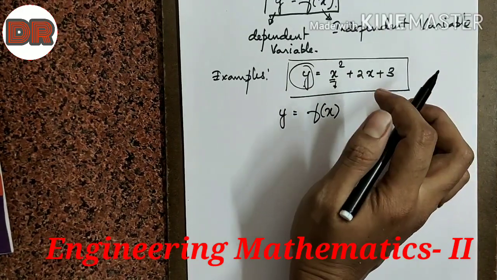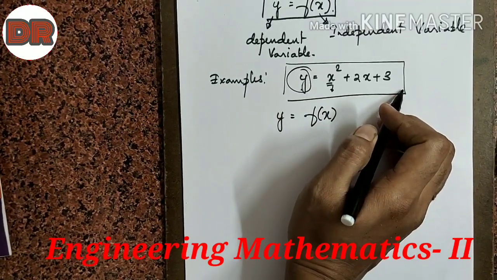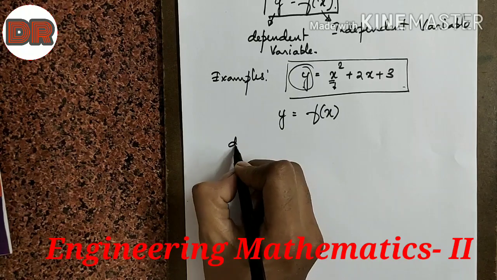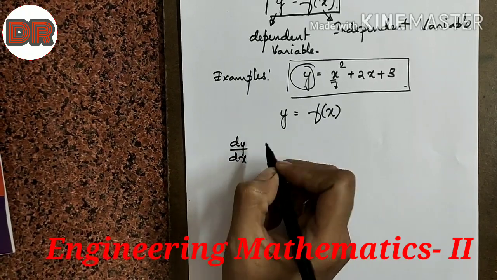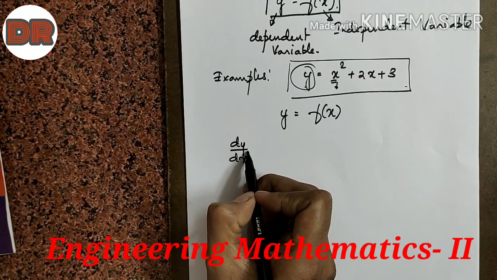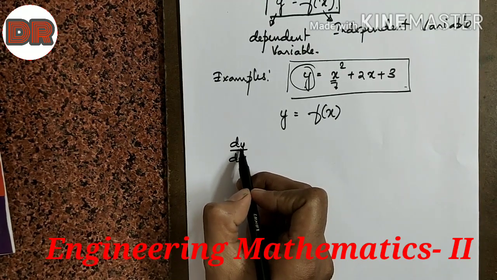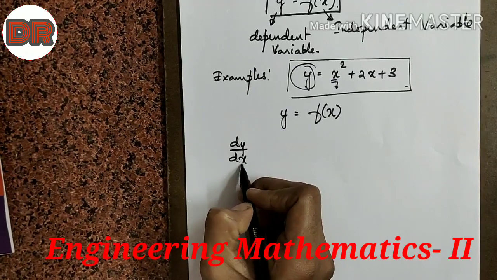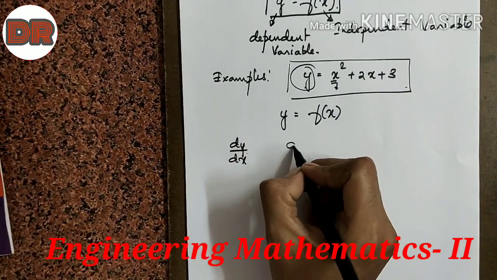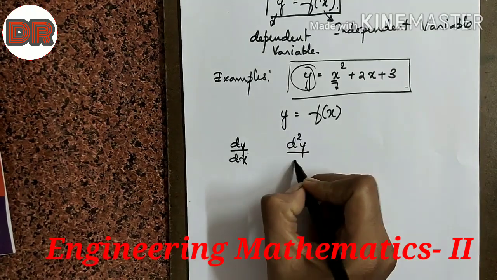To call an equation a differential equation, we need differential terms such as dy by dx. That is nothing but the dependent variable y differentiated with respect to the independent variable x. So this is a differential term. Or we can also write d square y by dx square.